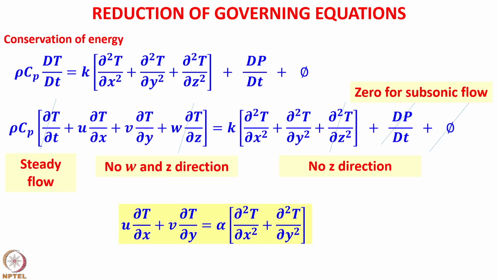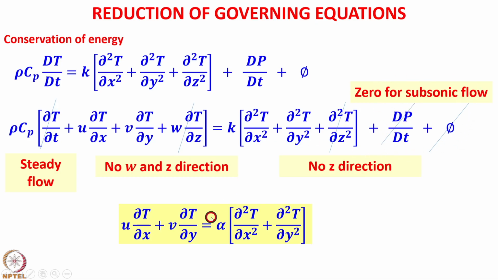In the energy equation, dou T by dou t is 0, dou T by dou Z is 0, W is 0, and dou squared T by dou Z squared is 0. I am considering subsonic flows. As I had told earlier, for subsonic flows there will be no pressure work done, and the viscous dissipation term can be neglected. These two relate to the Eckert number.